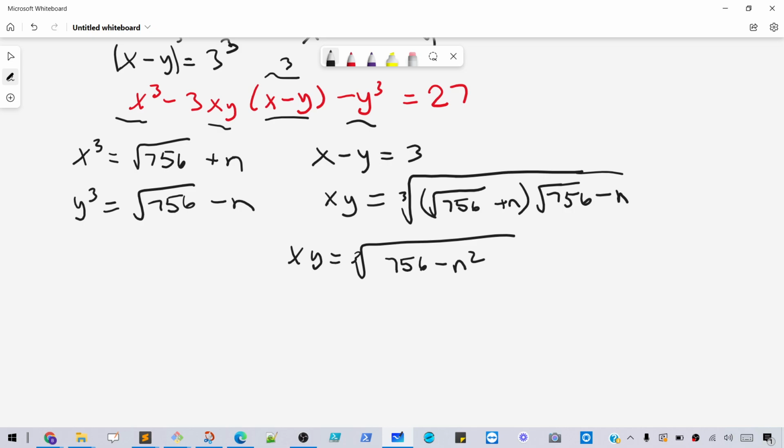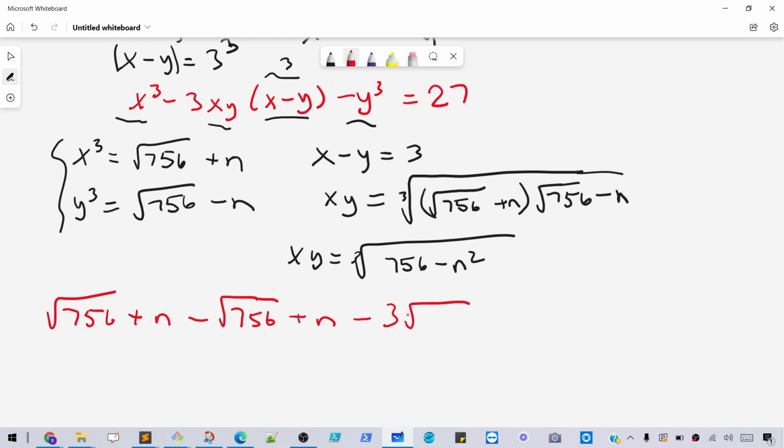Now we plug all this back in. We want x cubed minus y cubed, so that's the square root of 756 plus n minus the square root of 756 minus n, which, distributing the negative sign, gives plus n, then minus 3xy.